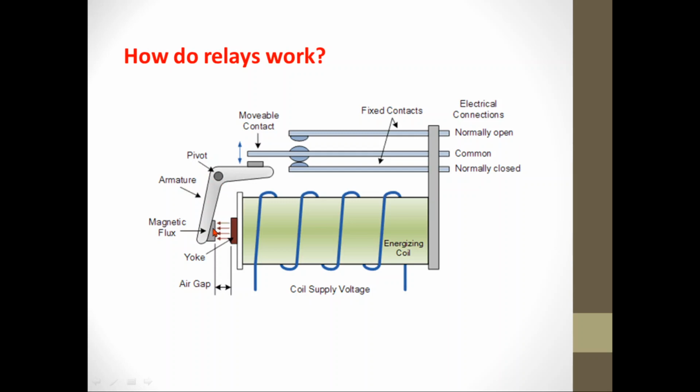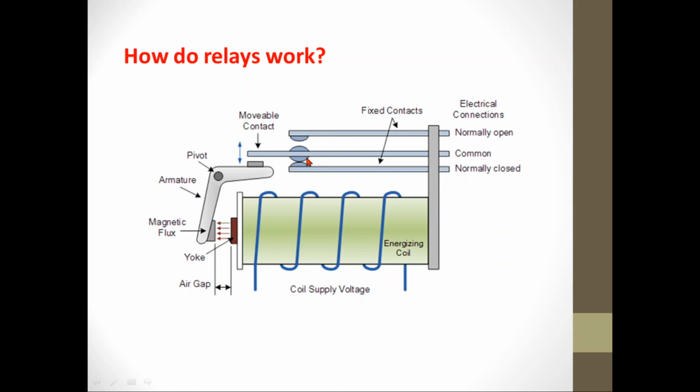Once this part moves to this point, this part of the armature will move upward, and then it hits the common terminal. Once the common terminal is hit by the armature, the normally closed position will be open, and the open position will be closed.